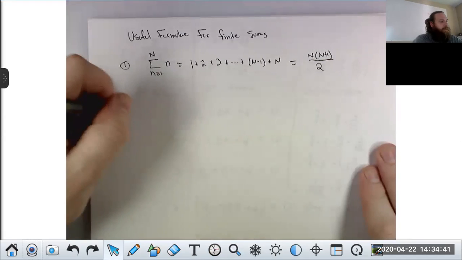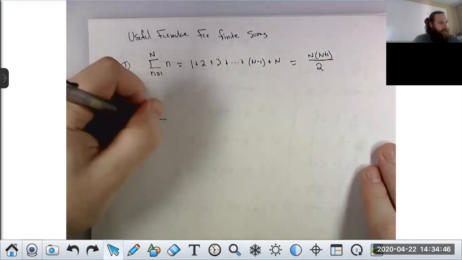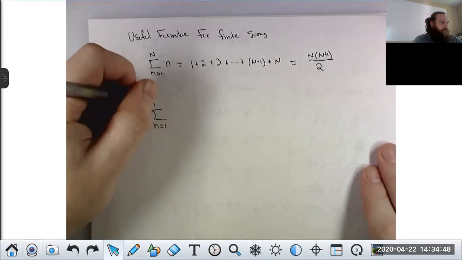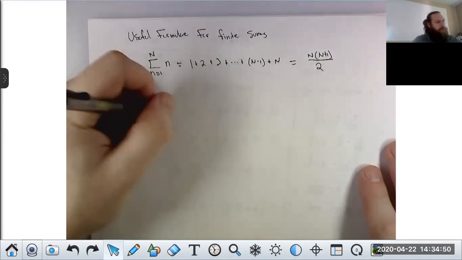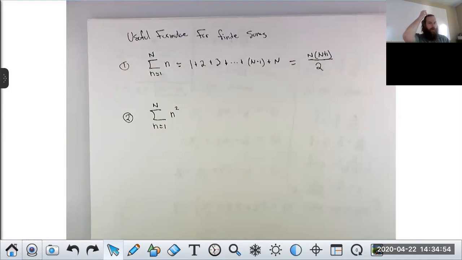There are two other things like this that you will use right around the 2/3 point in Calc 2, in Calc 1, as you're getting ready to develop the integral. That's the sum of squares and the sum of cubes.